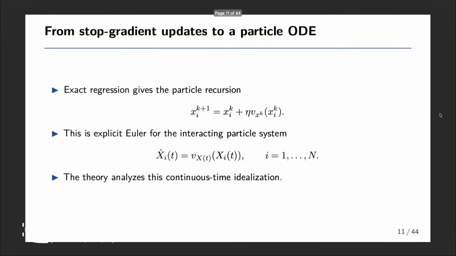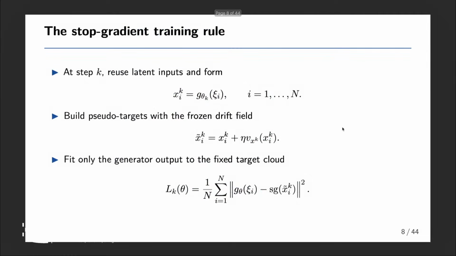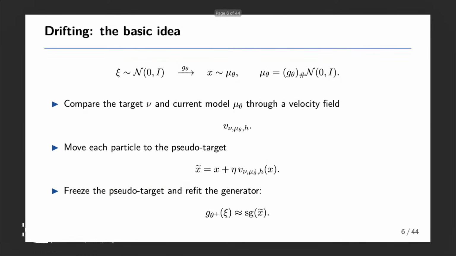So let's define where we are going to get the interacting particle system from. Once again, I wish to emphasize that in the previous slides, for example here, I'm indexing the velocity field with the true current density of the particles.